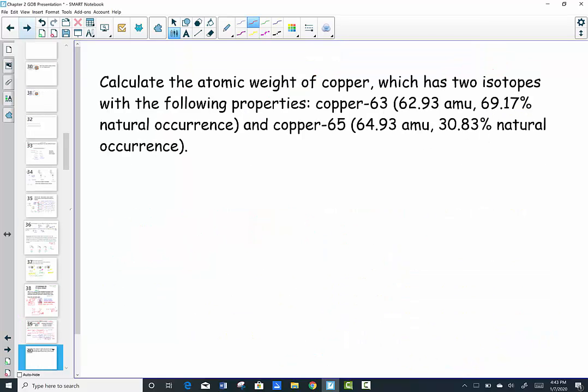This time we're given the weight of copper with two different isotopes. Copper 63, which has a mass of 62.93, and its relative abundance is 69.17%.